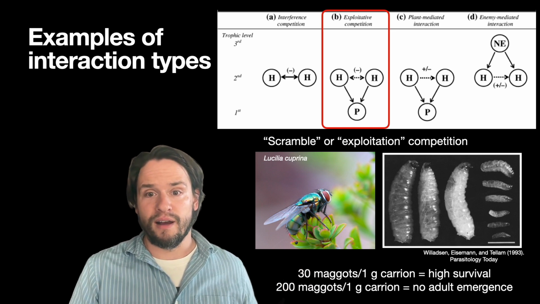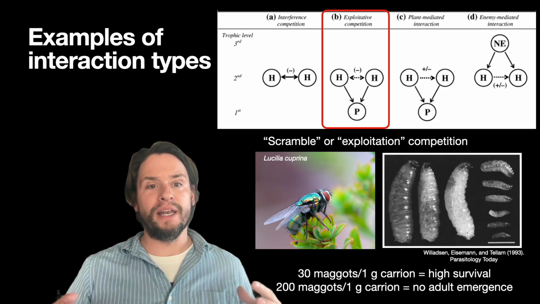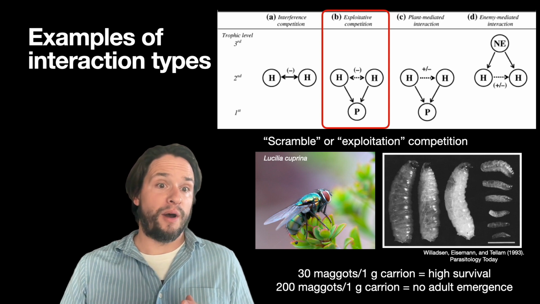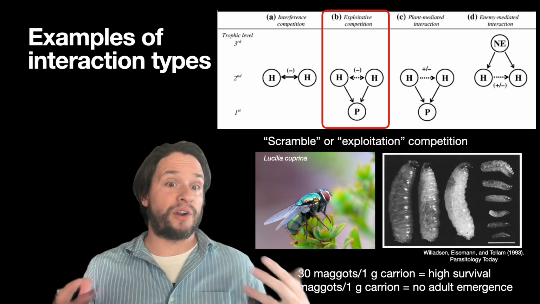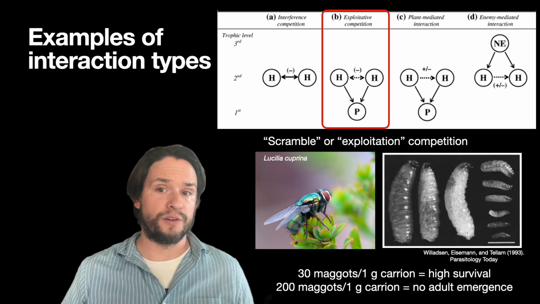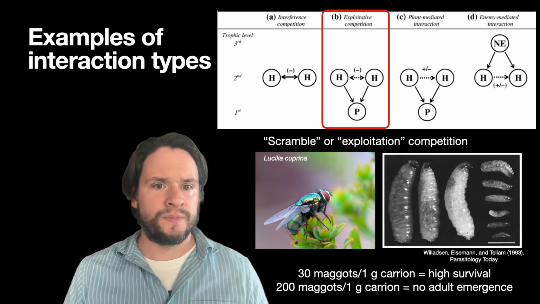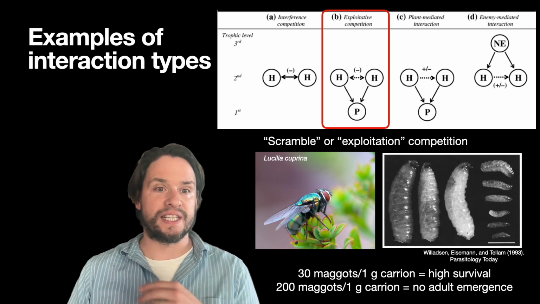Some older experimental work showed that if you artificially manipulate the density of the maggots of this species on the same volume of flesh or carrion where these larvae would develop, at low densities you get very high survival, but pretty quickly at higher densities you get no adult emergence at all. So there's a rapid decline of the available food source, and therefore zero survival and successful development in the species.